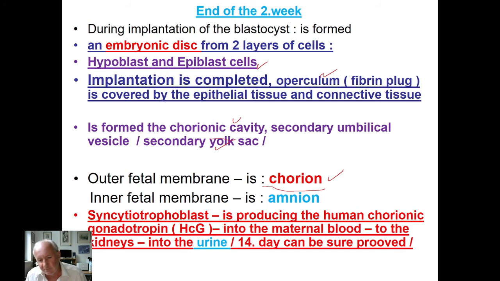And 14 days, 2 weeks after fertilization, if you prove this hormone in your urine, the lady knows definitely that she is now pregnant. Because normally in your body syncytiotrophoblast is not present, only when it is preparing the way for the blastocyst into your endometrium. Then you can have this hormone in your body.